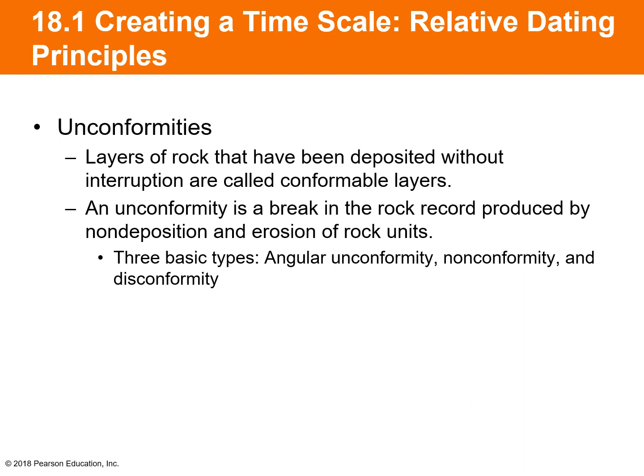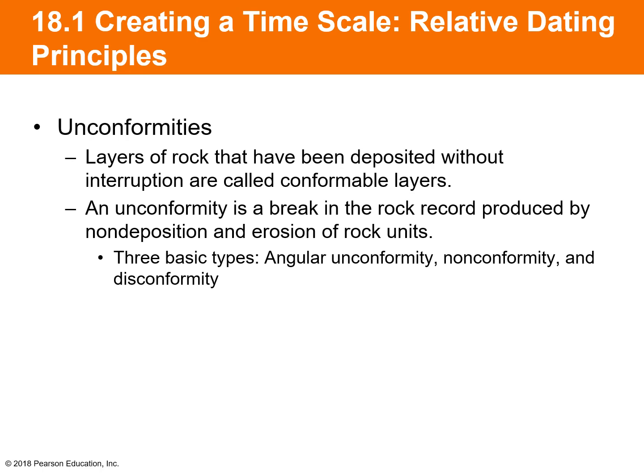And an unconformity is a break in the rock record produced by non-deposition, or times when sediment was not being deposited, and erosion of rock units. So we know that both deposition and erosion occur in the natural world. When erosion is occurring and there's not a net deposition of sediment at a location, you end up with an unconformity in the rock record.